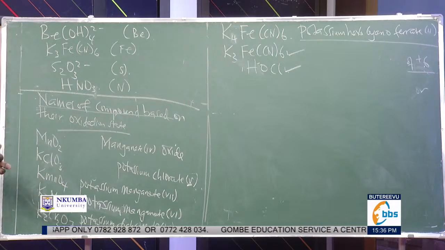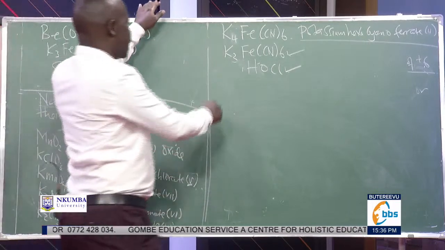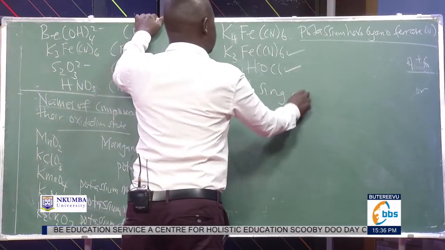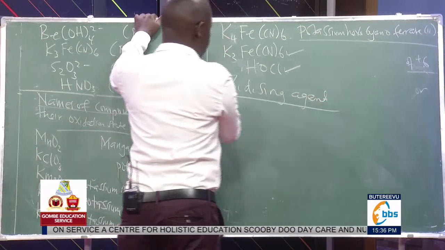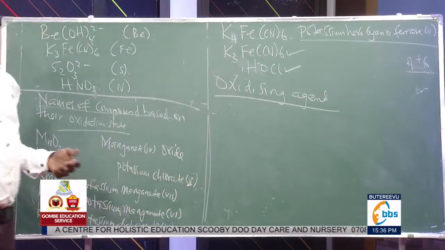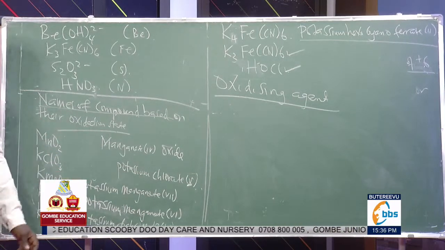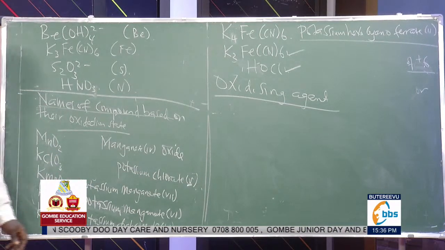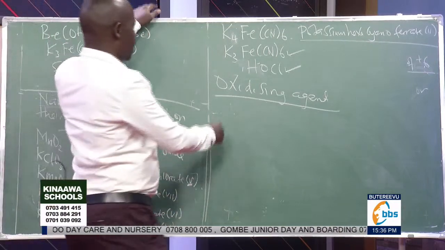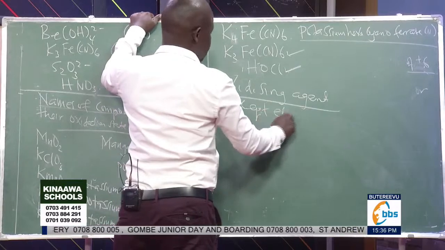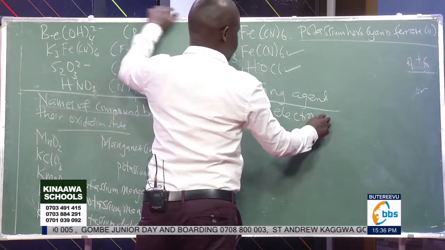Good. Now, some oxidizing agents. Now, we have talked about oxidation and reduction. Now, I have talked about oxidizing agents and reducing what? Agents. Now, these ones normally accept electrons.